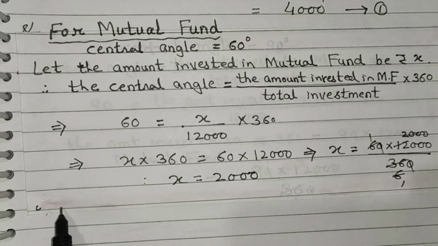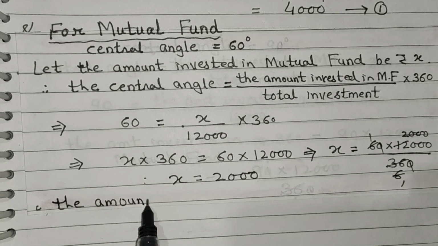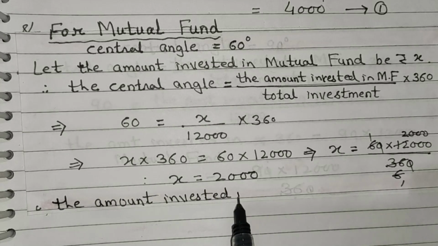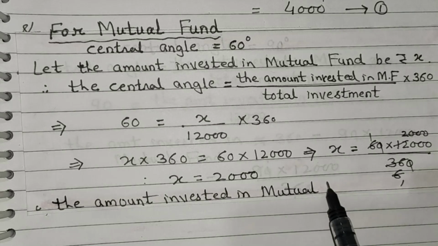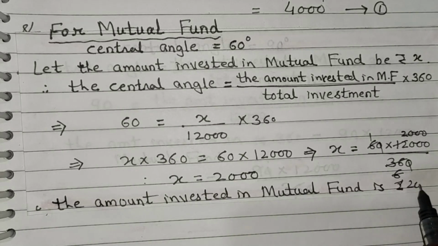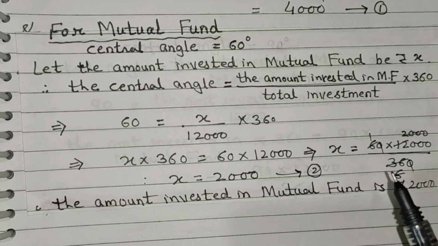Now it is the value of the amount invested, write down here, the amount invested in mutual fund is rupees 2000. Now give it equation number 2. Now the question is, how much more money is invested in the immovable property than in the mutual fund?